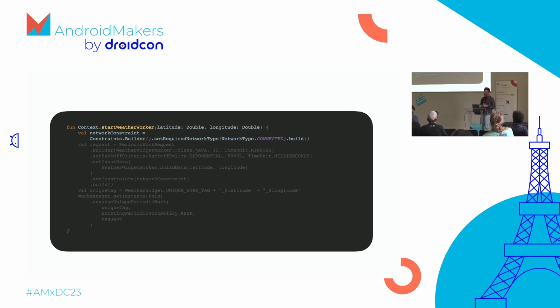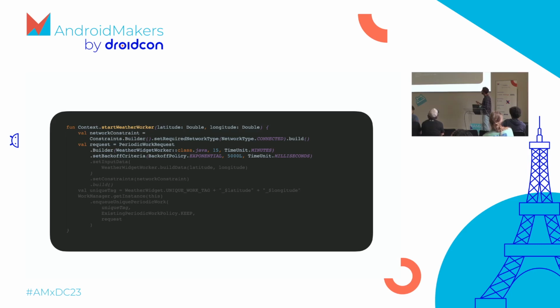Firstly, I'm checking if I'm connected to the network. Then I'm creating the periodic work request for my weather widget worker. 15 minutes is the minimum time that I can apply for the periodic updates. So my widget will be automatically updated every 15 minutes.